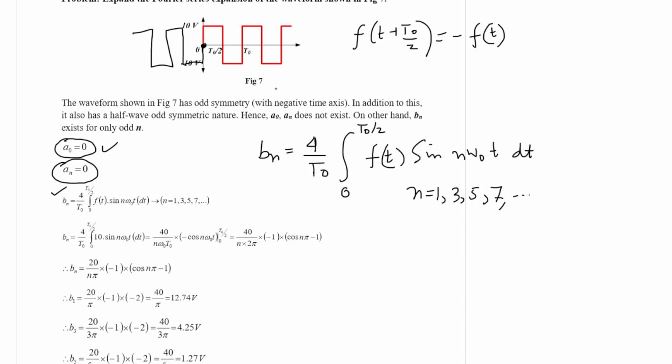So from 0 to T0 by 2, within this zone the f of t value is 10. So you can take this out: 4 into 10 by T0. Integration of sine will become cos n omega naught t over n omega naught, of course with a negative sign. Now you must put the limit 0 to T0 by 2.